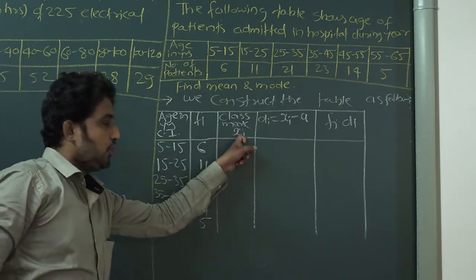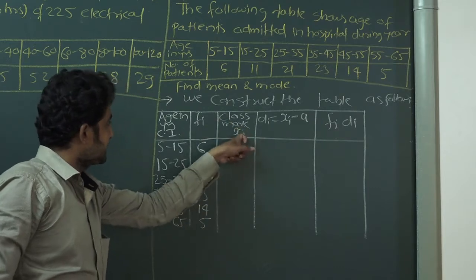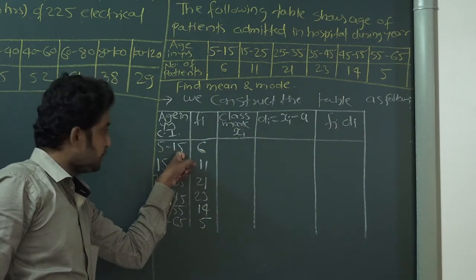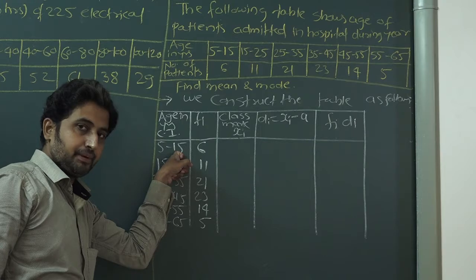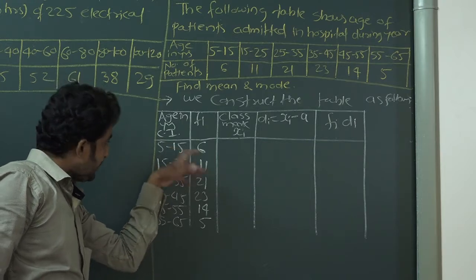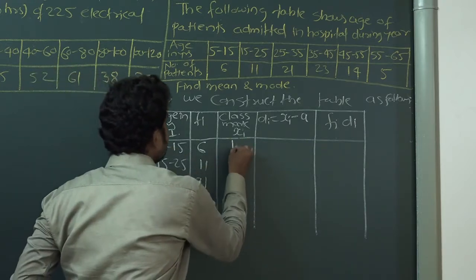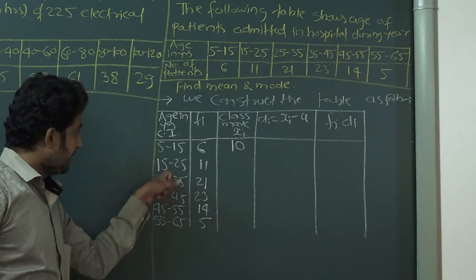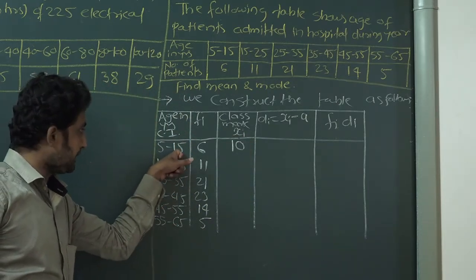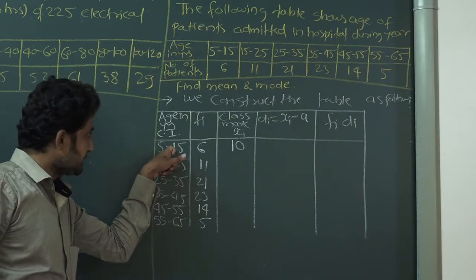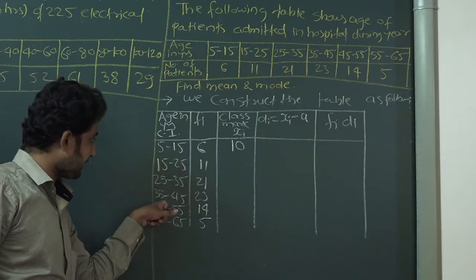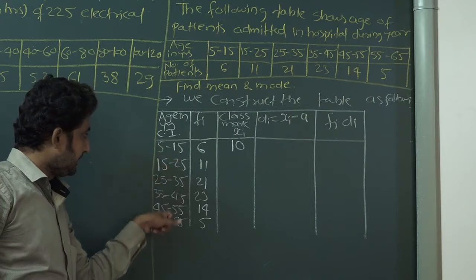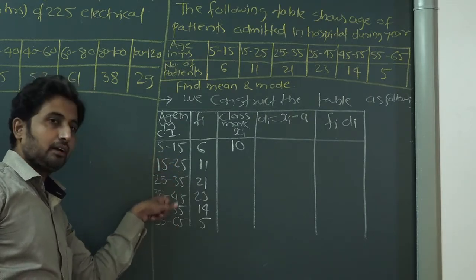Now, how do we calculate the mid value xi? Sum of lower and upper limit divided by 2. 5 plus 15, that is 20. 20 by 2 is equal to 10. Now dear students, this is a continuous class interval. If you find the difference, upper limit minus lower limit, that becomes 10 everywhere. This is the class width.